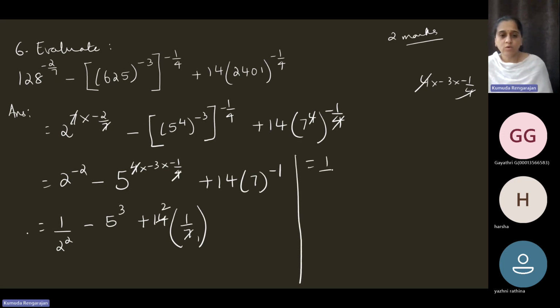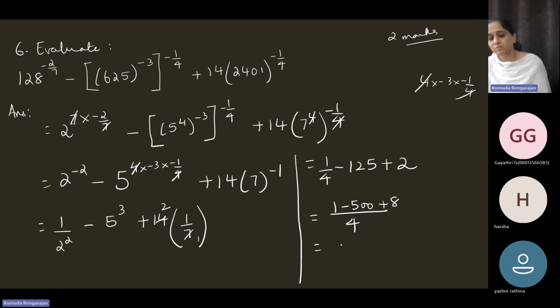So it is 1 by 4 minus 125 plus 2. Take the LCM. 4, 1 minus 500 plus 8. 8 plus 1, 9 minus 500, minus 491 by 4. This is the answer.